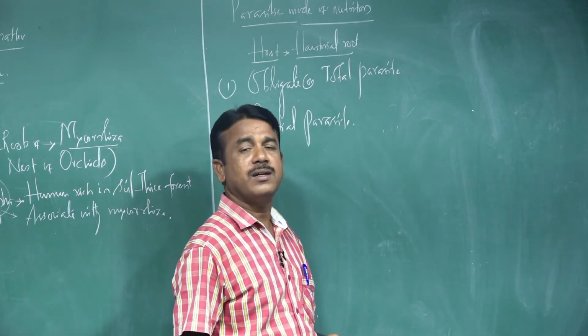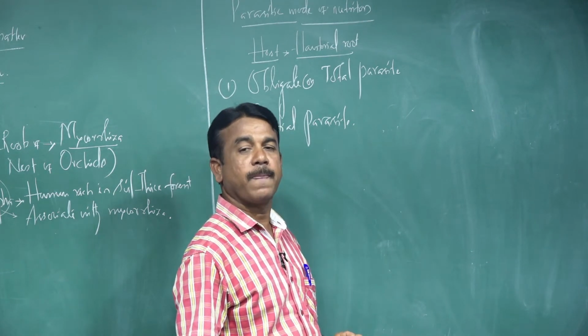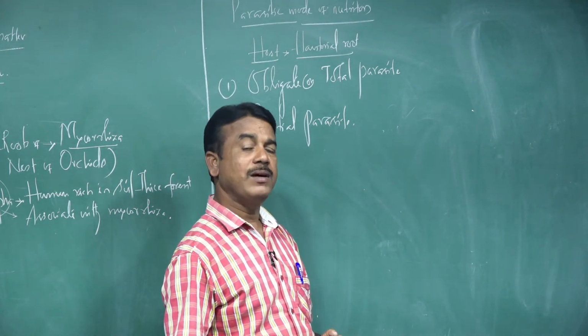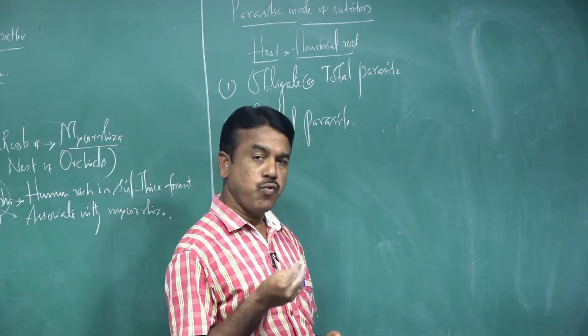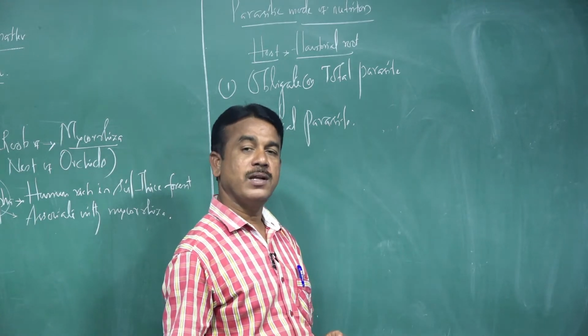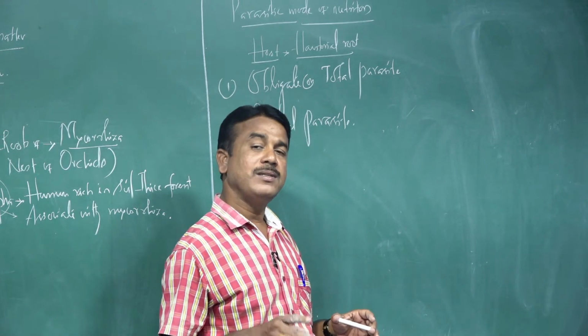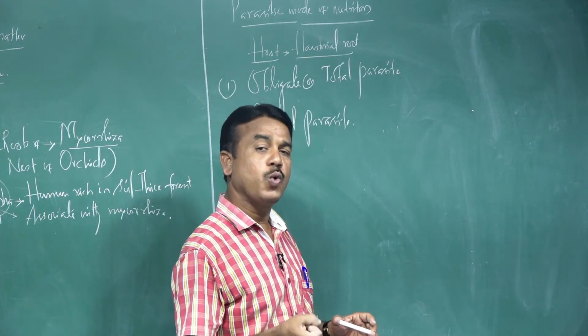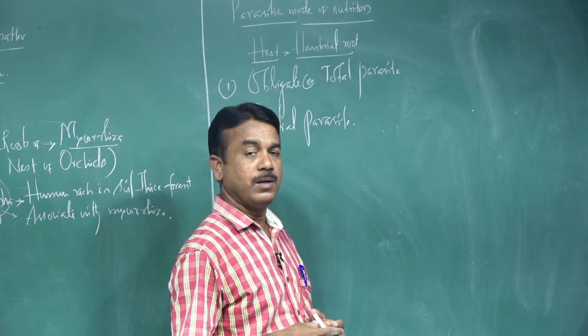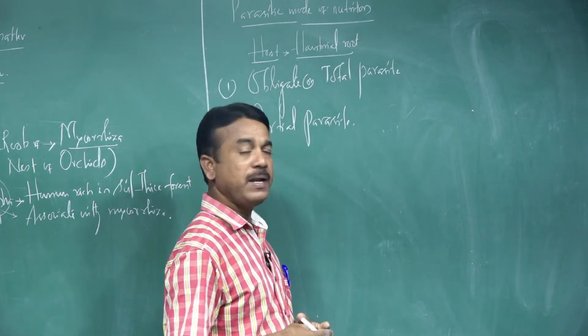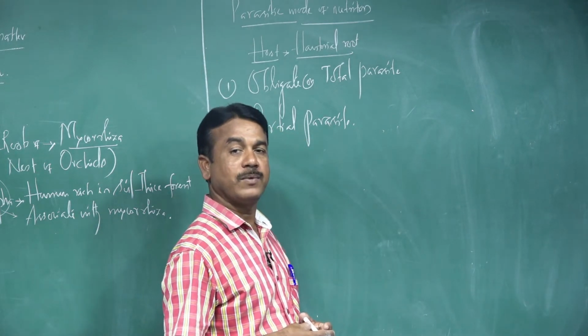So what is the definition of a total parasite? Any living organism that, for food, water, minerals, or anything else, depends completely on the host organism is commonly called an obligate or total parasite.